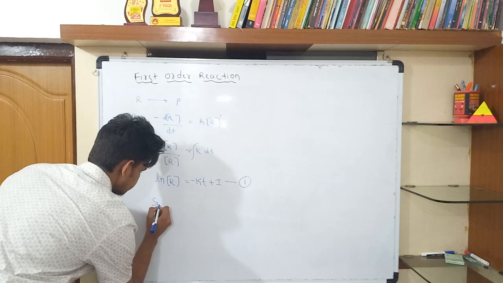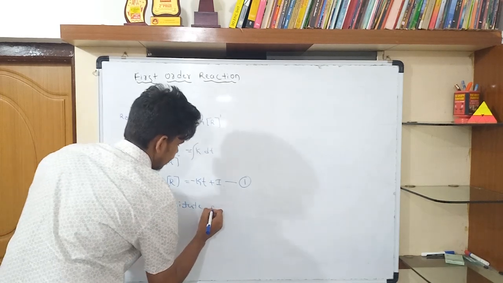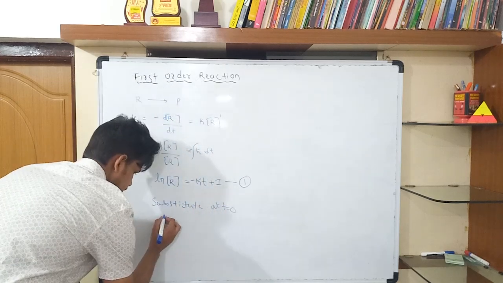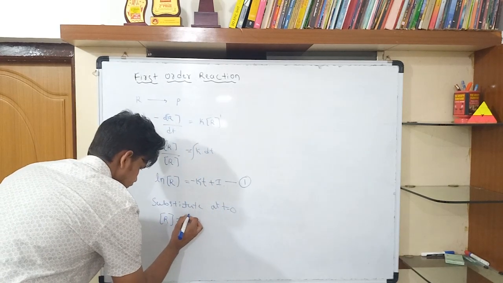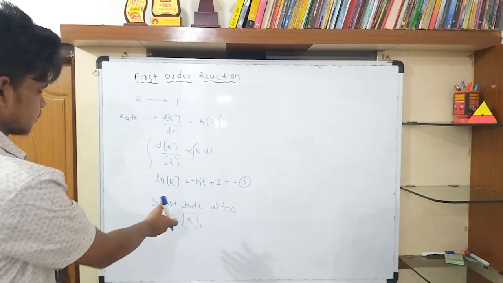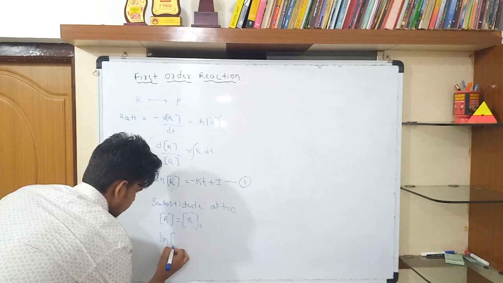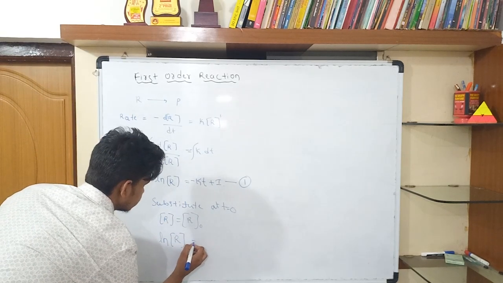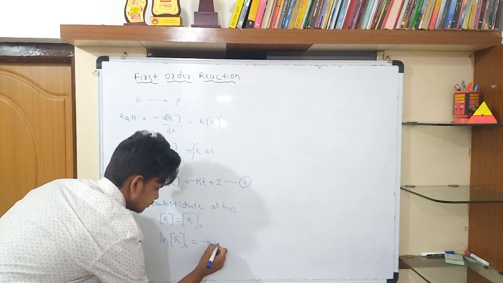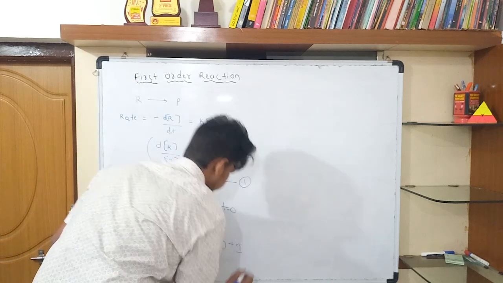Substitute at t equal to 0, concentration of R equal to R naught. If we substitute these values, this becomes ln of R naught equal to minus k into 0, plus the constant of integration, you write it as it is.